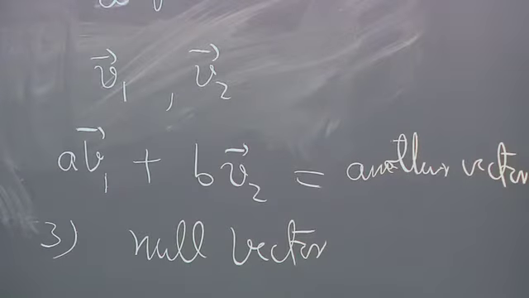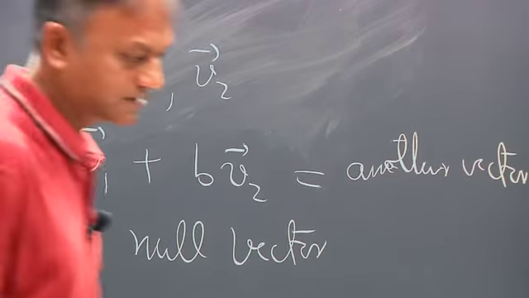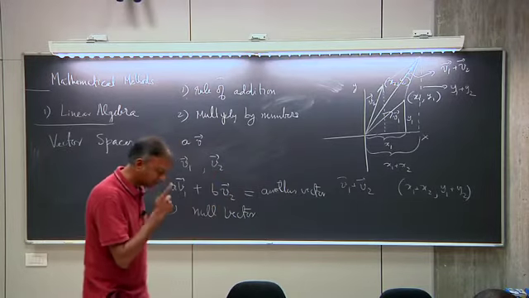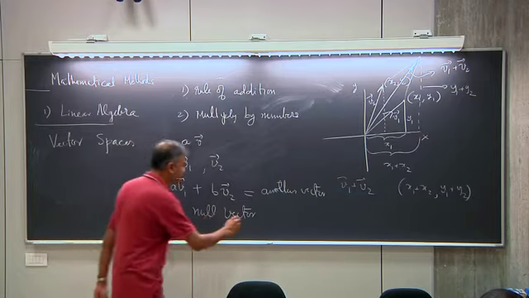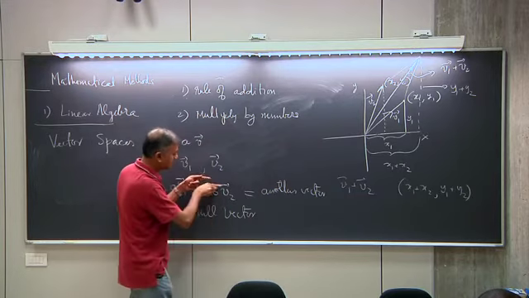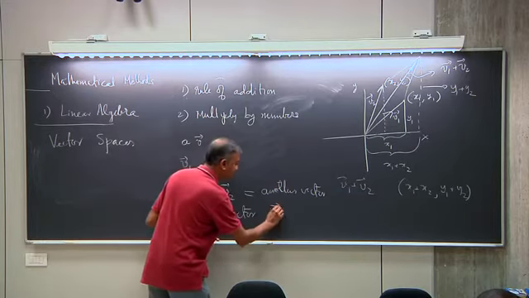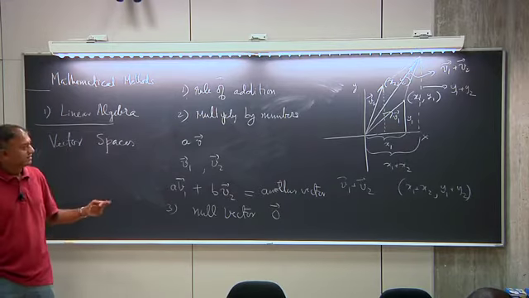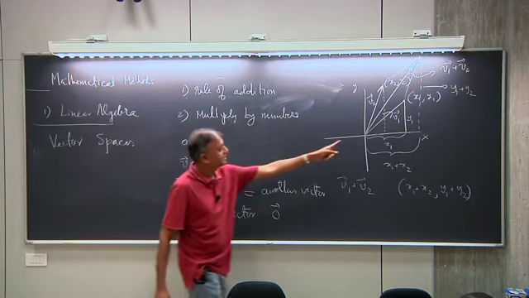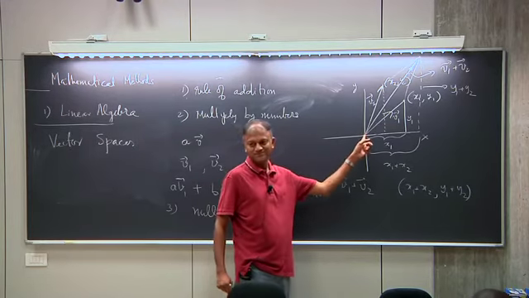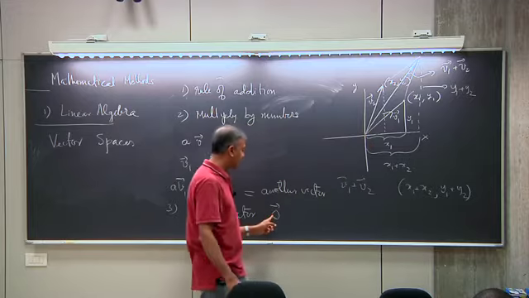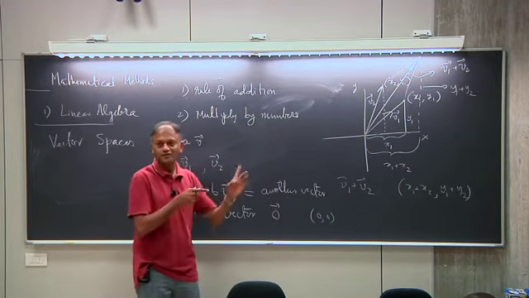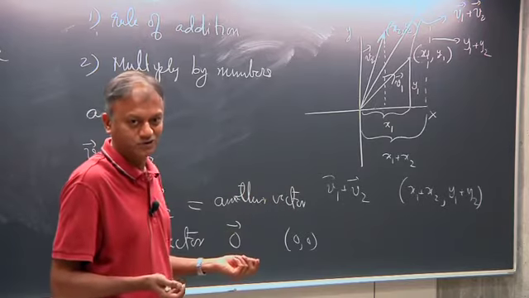I will just use the arrow symbol and write it like this, 0 with the arrow. What is that vector? That vector is nothing else but this point itself, so its components are simply 0, 0. If you take the x and y components of this vector, it is 0, 0.